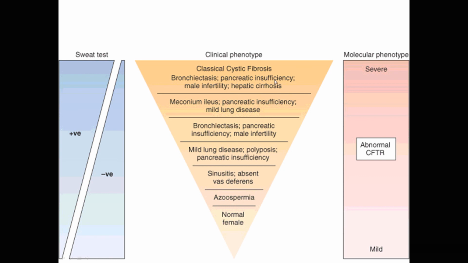This is here the classical cystic fibrosis clinical phenotype: bronchiectasis, severe obstruction, together with pancreatic insufficiency, infertility, and liver cirrhosis. This is the full-blown picture of severe cystic fibrosis. Anyway, we can expect additional accompanying changes in other organs.